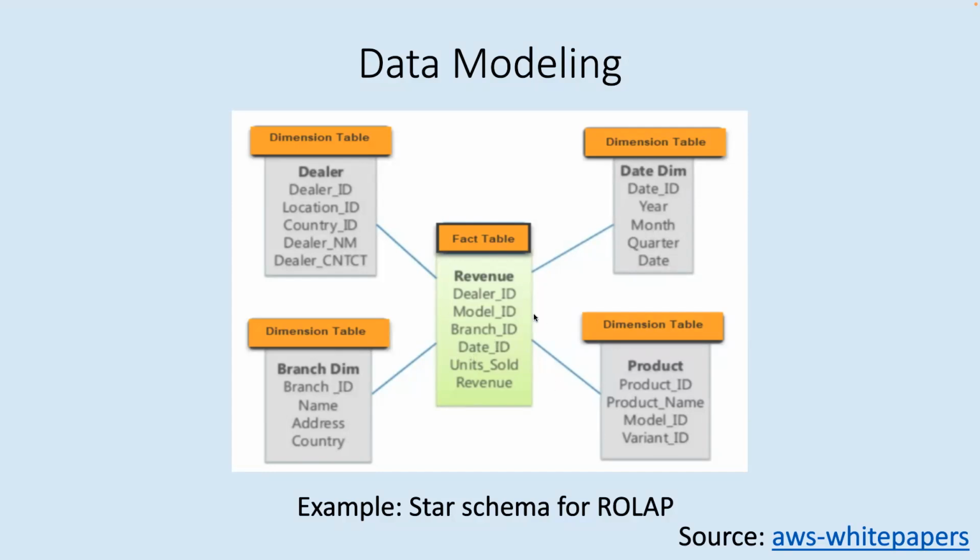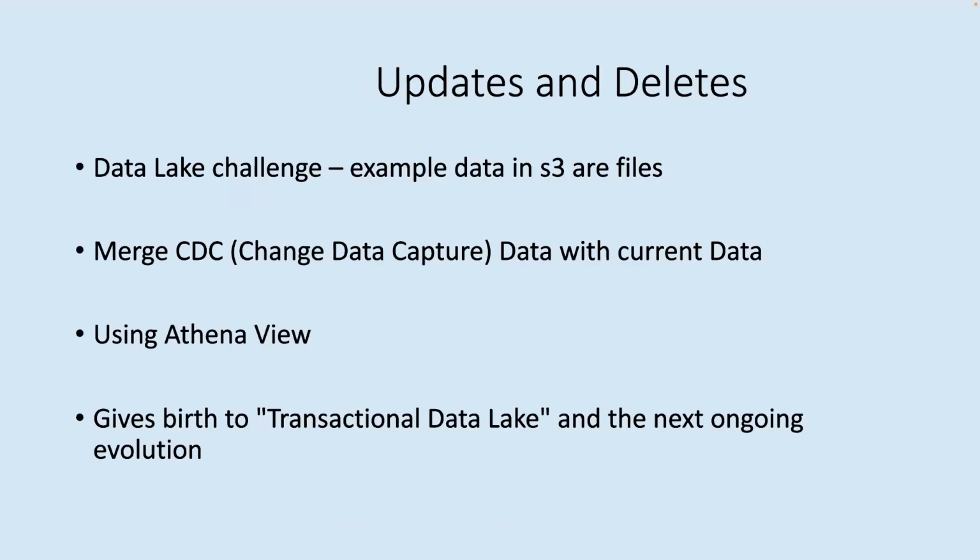This increases the efficiency of how the data analyst is querying the data. This is just one example. There are more patterns, like Snowflake and different types of cubes for data modeling that you can do. Yeah, that's what data modeling is.